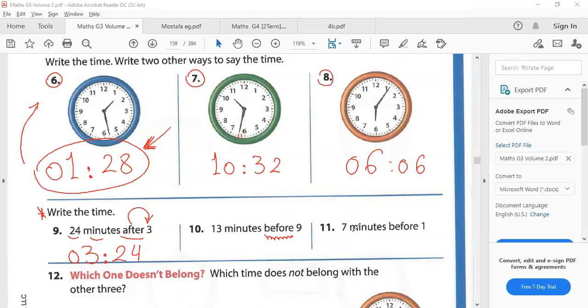Muhammad. Okay, Amir. Yes, Mister. Amir, how are you? Amir, thank you. We have "before" here. Okay, so he said 13 minutes before 9, right?